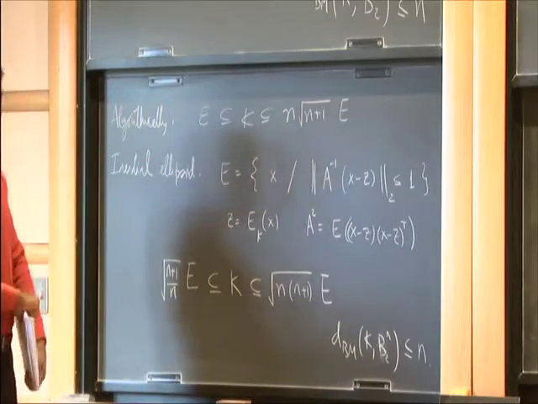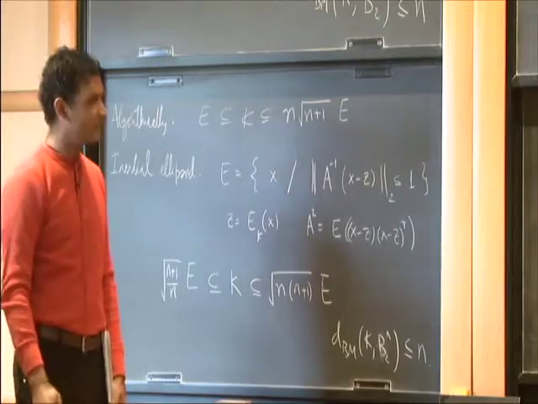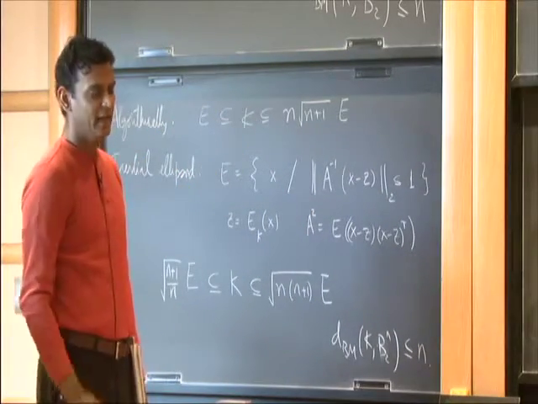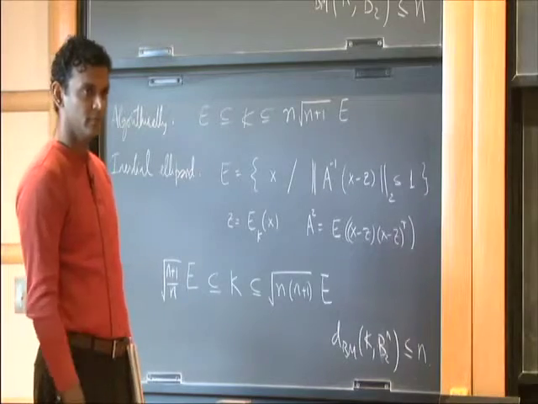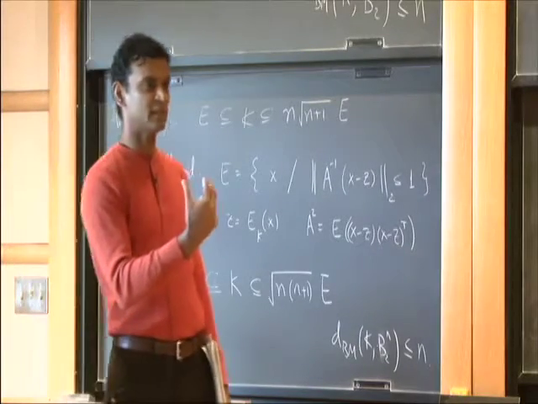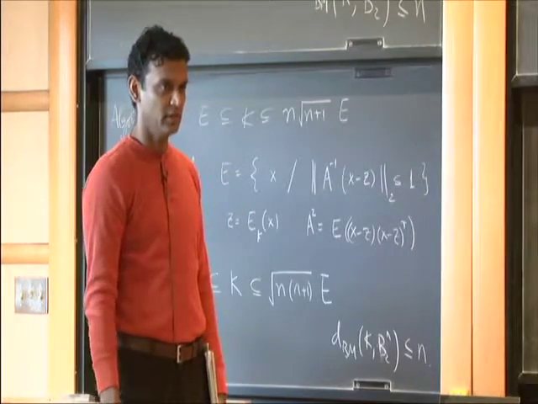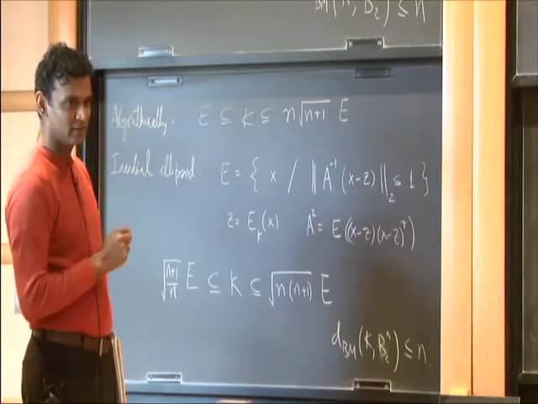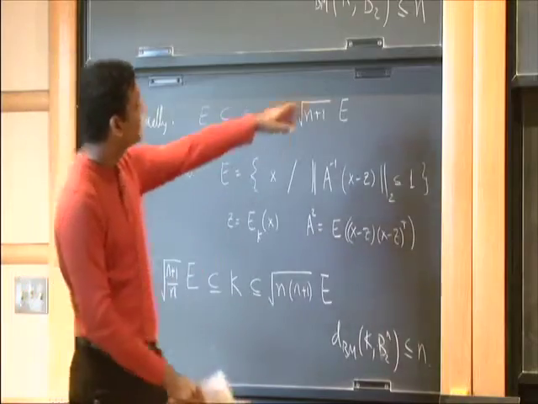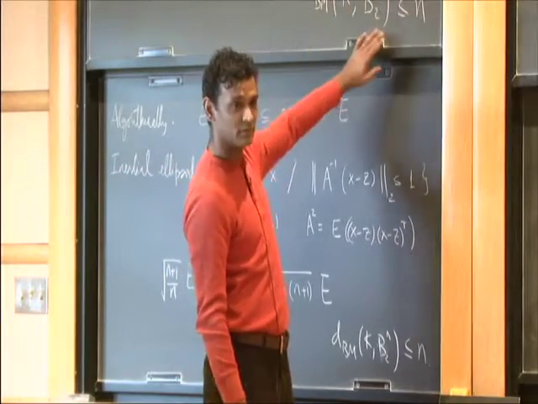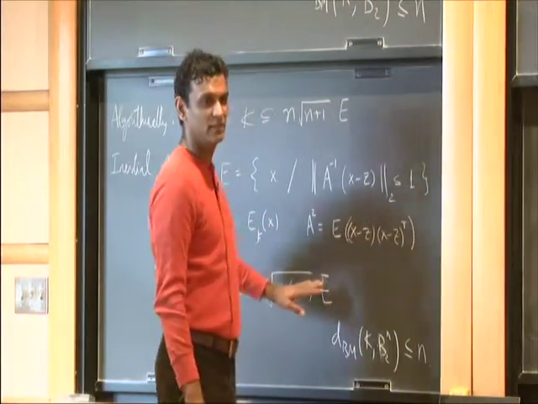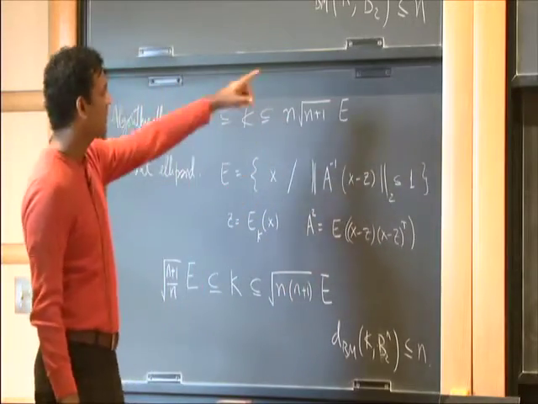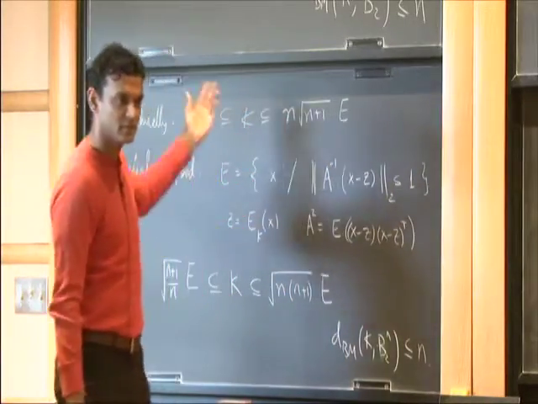But the inertial ellipsoid can be different from the John ellipsoid. They are very different. For the purpose of approximating, they can be very different. In fact, the John ellipsoid is by definition just the max volume ellipsoid inside a convex body. Now, if you go to centrally symmetric bodies, then this ratio is root n for the John ellipsoid, but it's still n for the inertial ellipsoid. So in general, for this purpose, there's no reason other than randomness.